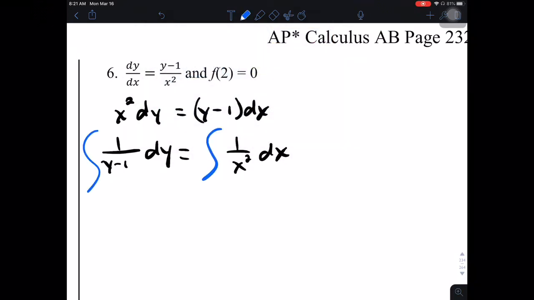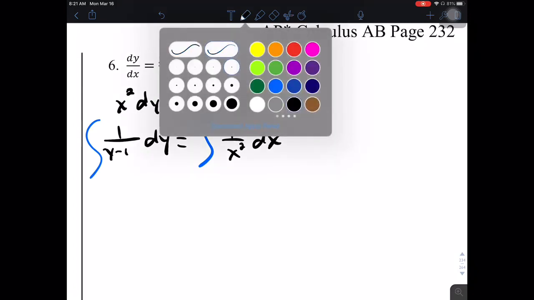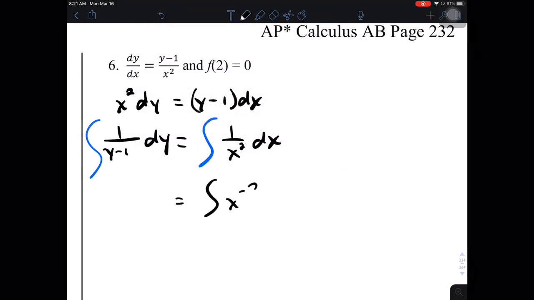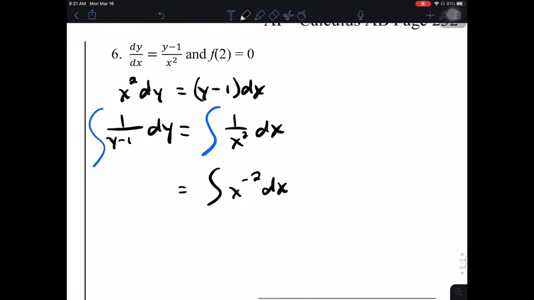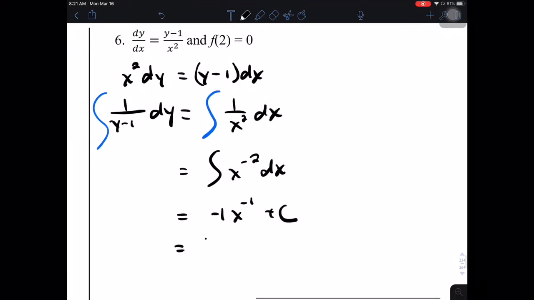If I then try to integrate this, well, first of all, on the right, I'd rather be integrating x to the negative 2, because that's easily done without substitution. If I add 1 to the exponent, it's negative 1, multiplied by the reciprocal of negative 1, which is negative 1. So that's going to make the right side negative 1 over x plus c.